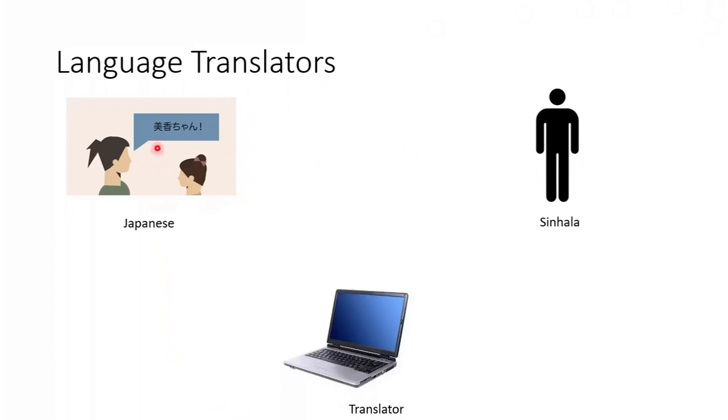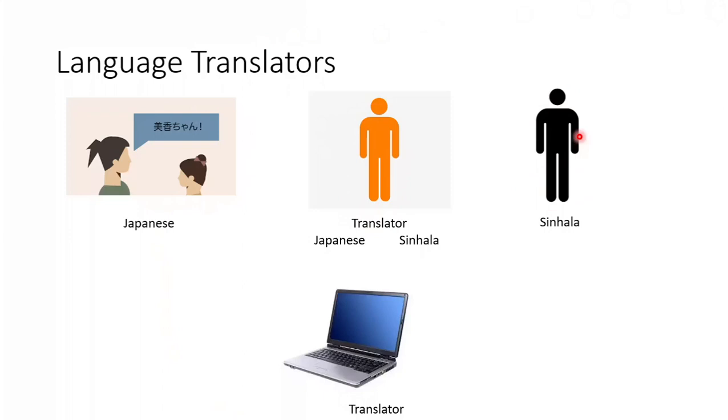This person speaks Japanese, so the other can't understand, and this person speaks Sinhala, so this one can't understand. So the solution is we have to hire a translator who can understand both Japanese and Sinhala.